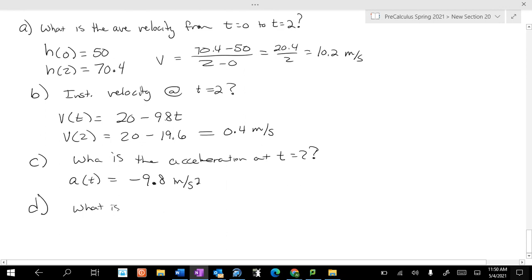What is the maximum height of the ball? How do you find the maximum height? Find when the velocity is equal to 0. Because at some point, the ball goes up, stops for an instant, and comes down.